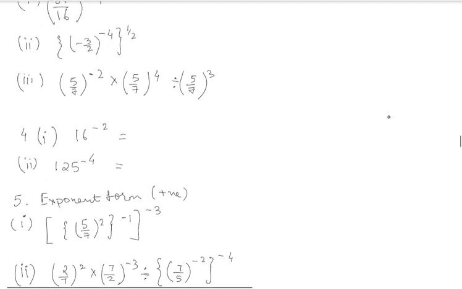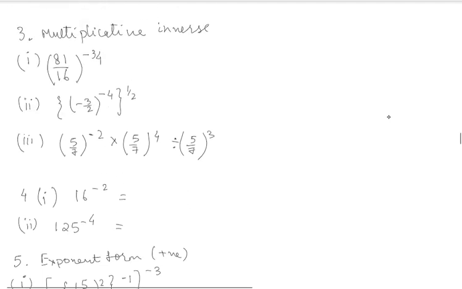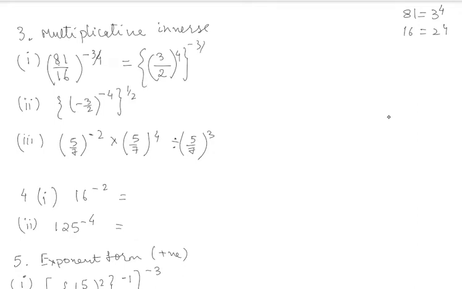Okay, the next question is finding the multiplicative inverse. Now multiplicative inverse is nothing but finding out the reciprocal of the given thing. So to find the reciprocal, I just need to simplify this first, and then I will write the multiplicative inverse. Now 81, if I try to find the factors of 81, 81 is equal to 3 to the power of 4, and 16 is equal to 2 to the power of 4. So I can write this as (3/2) whole thing to the power of 4, and there's already a power, minus 3/4.